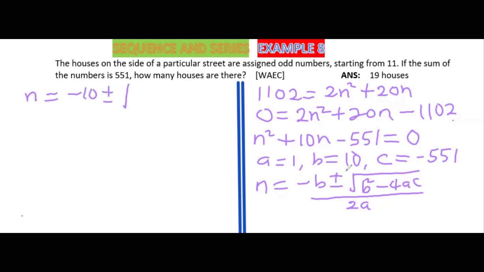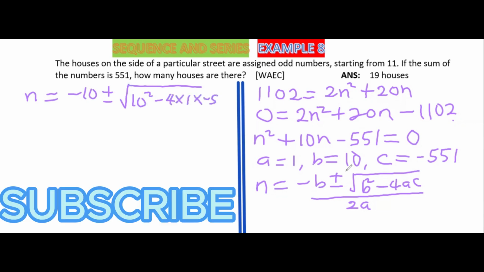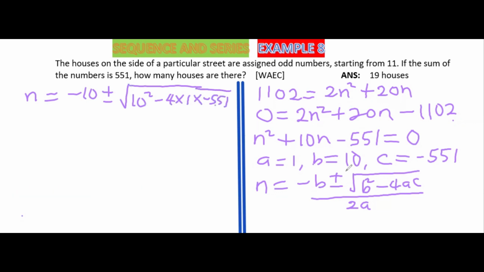plus or minus the square root of b squared, that is 10 squared, minus 4 times a. 4ac is 4 times 1 times negative 551. Everything divided by 2 times a, which is 2 times 1.